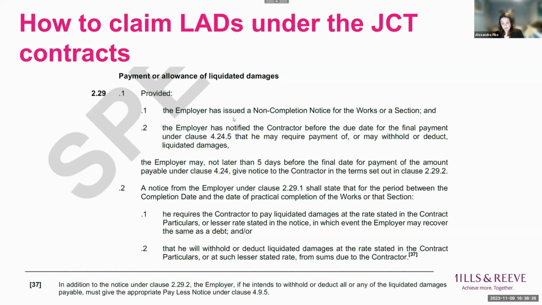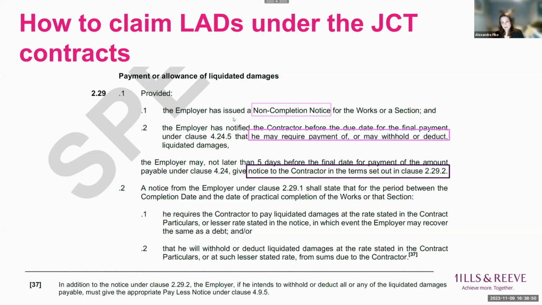So those 4 notices are the non-completion notice, a notice stating that the employer may require payment of or may withhold or deduct liquidated damages, the notice, which seems to be the main purpose of the clause, which slightly confusingly, is the notice that liquidated damages will be withheld or be required to be paid.